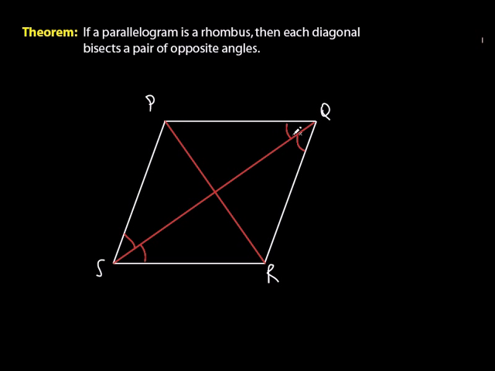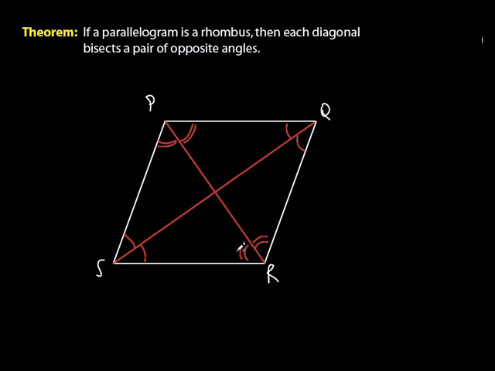All right. Now, it doesn't mean that these four angles are equal to these four angles right here. Because look, this is obtuse, this is acute, so there's no way that they're going to be equal to each other. But we do know we can do this. Remember, the diagonals bisect a pair of opposite angles. So that's opposite angles right here, and here's opposite angles right here, and they're going to all be equal to each other.